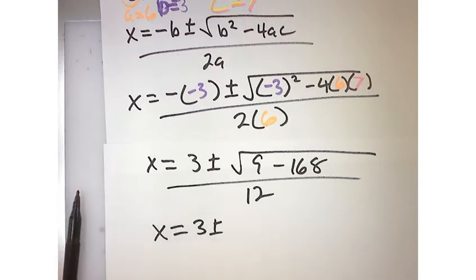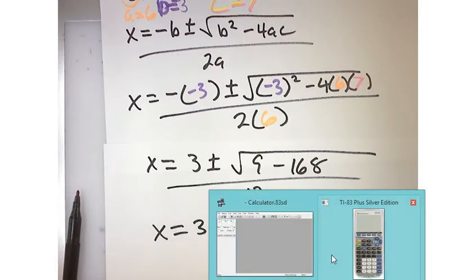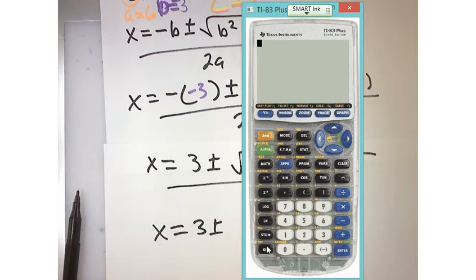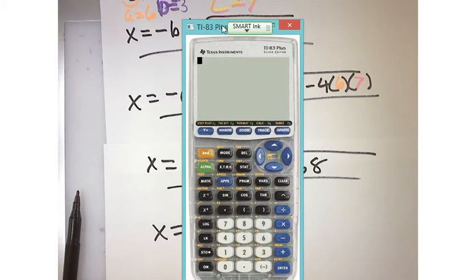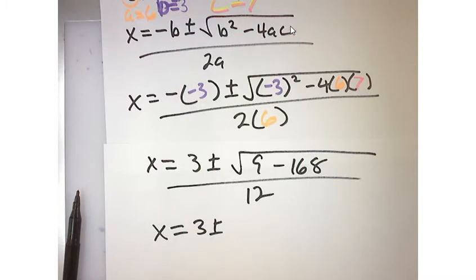Let me double check something, because that seems kind of bonkers. We said that 4 times 6 times 7 is 168. So it's negative 159. Wow, that's weird.